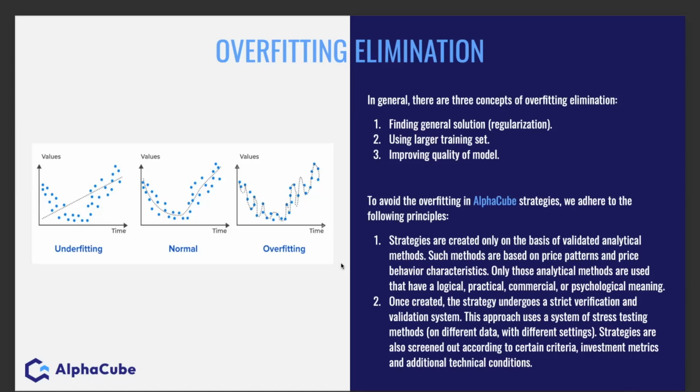The idea is that you have a machine learning model, and you split your data into specific bags by specific criteria, by time or by something else, maybe even by some features. Then you create the model for different bags, and as a result you create a superposition of these models, combining them together. This is one of the possible ways to eliminate overfitting. It's called regularization, or finding the general solution.